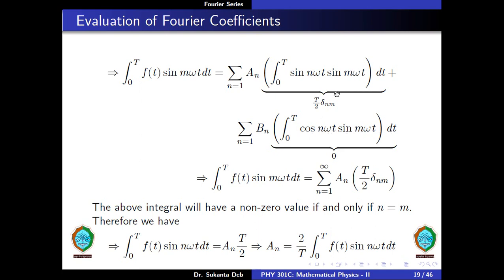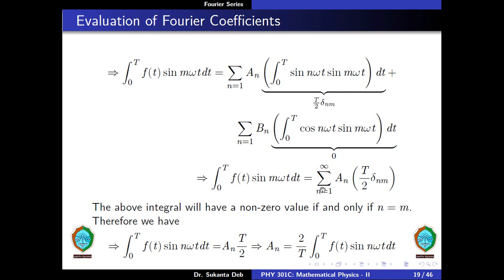Now we already have learned the orthogonality condition for sines and cosines. We know that this expression is equal to T by 2 into delta nm and this expression is equal to 0. So therefore the integral from 0 to capital T of f of t sine of m omega t dt is equal to the summation over n equals 1 to infinity of an into T by 2 into delta nm.